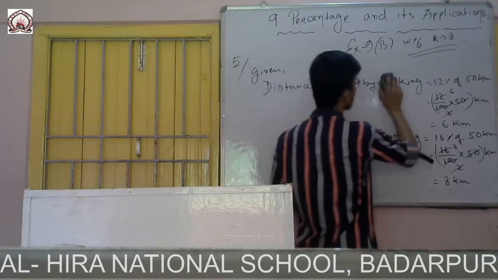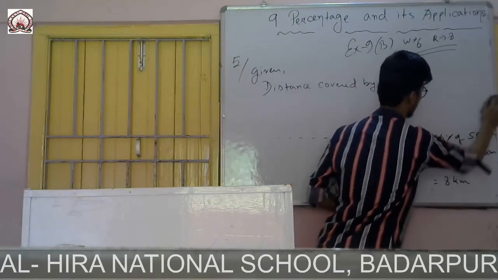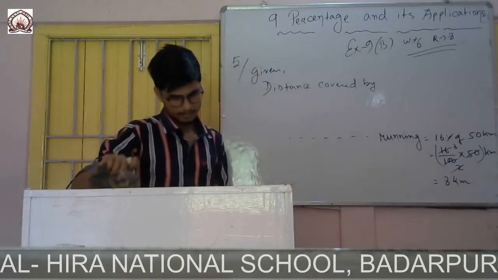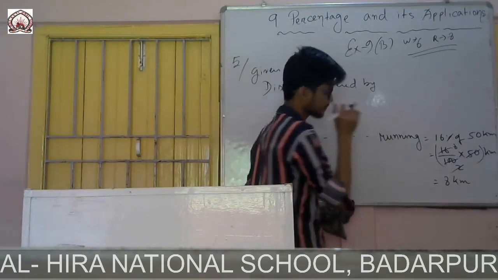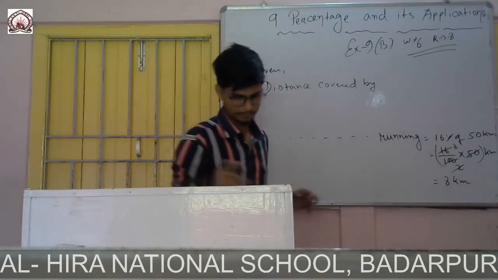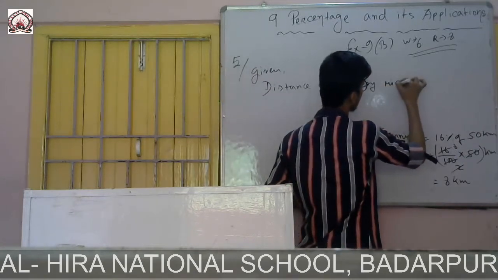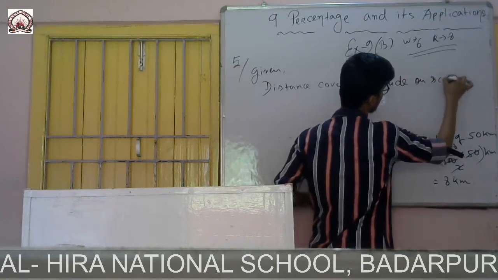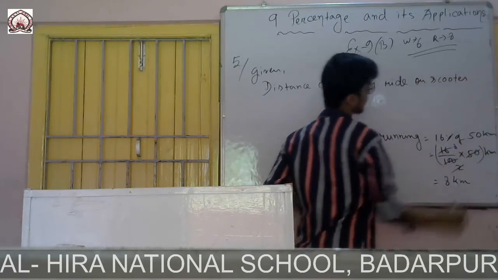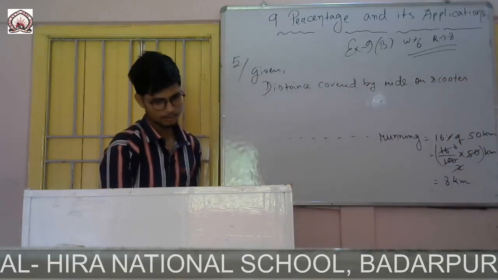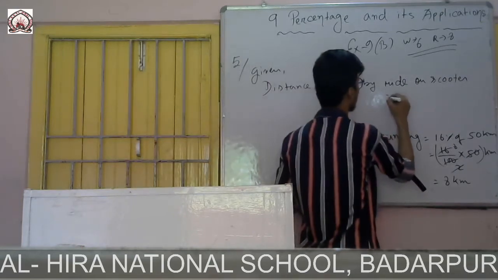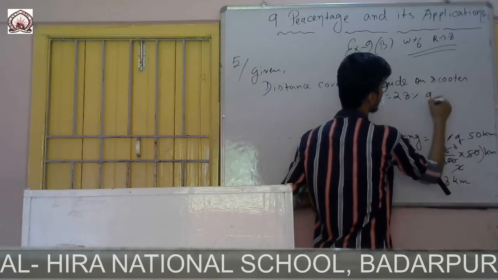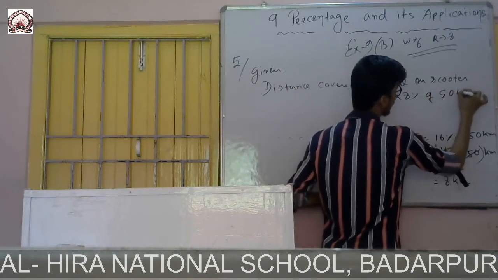Distance covered by ride on scooter is equal to 28% of the total journey. 28% of the total journey, it is of 50 kilometers.